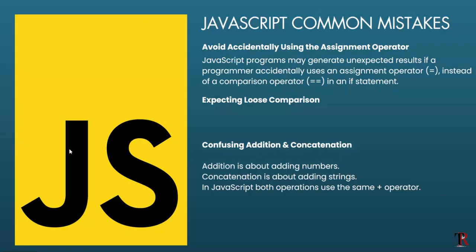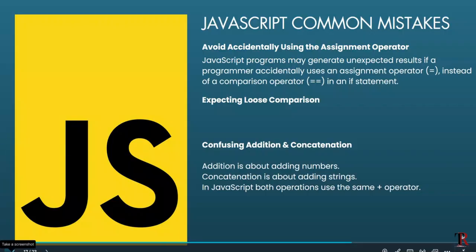So adding numbers in JavaScript and doing concatenation can cause confusion. And this is an important part where one should be very, very careful when working with strings and numbers in JavaScript, especially when it comes to mathematics, computation, addition, or concatenation.